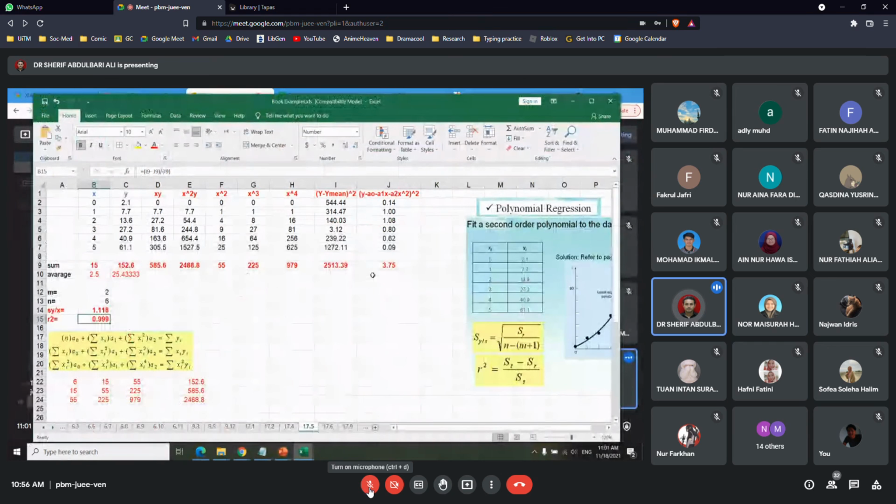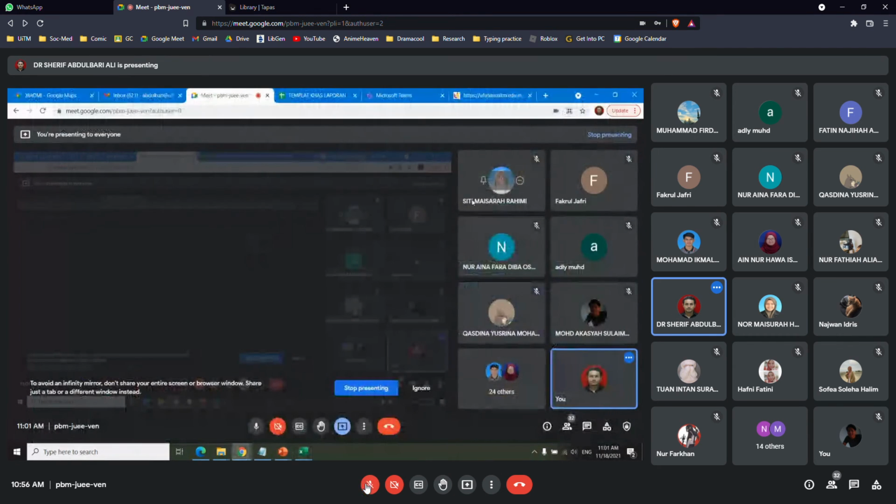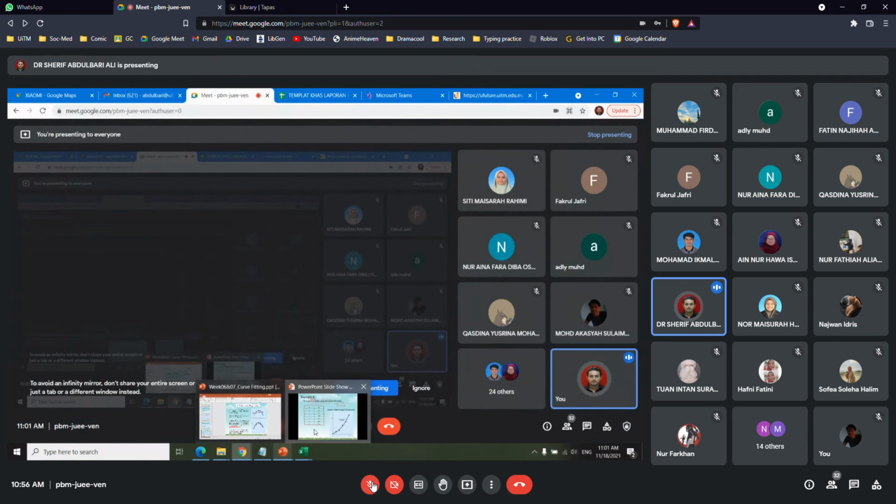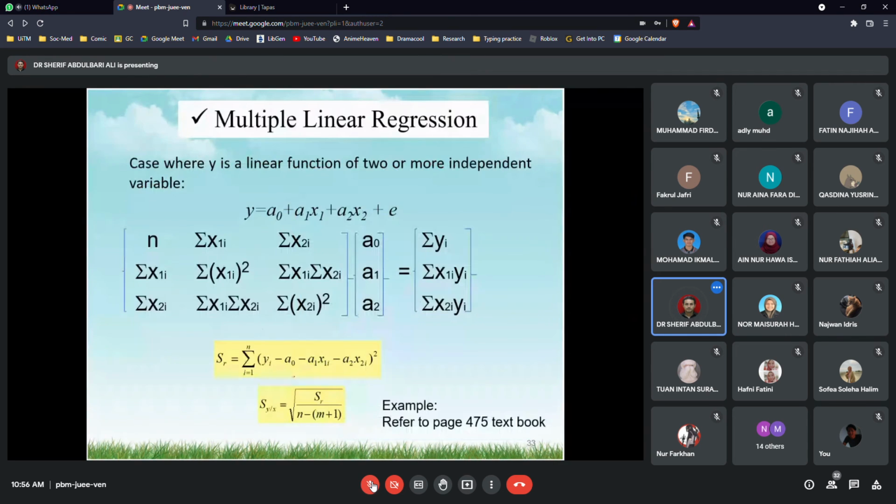Or anyone, do you have any questions about how to do the polynomial regression? Okay, so let's move to the last thing for the regression. It's the multiple linear regression.